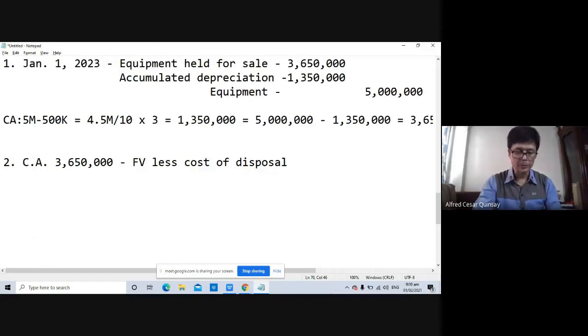Isn't it written there? The equipment was classified as for sale. On such date, the fair value less cost of disposal was estimated at 1,900,000.